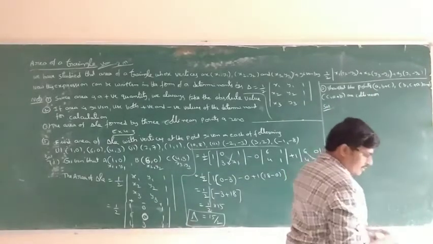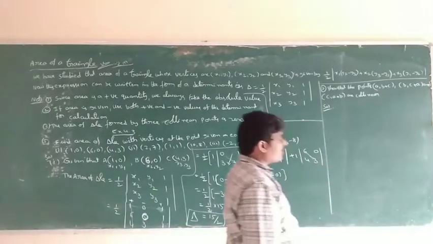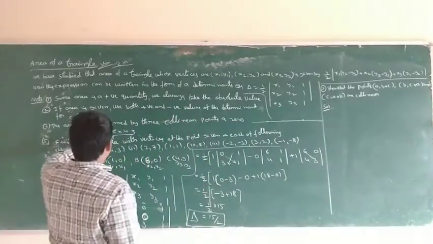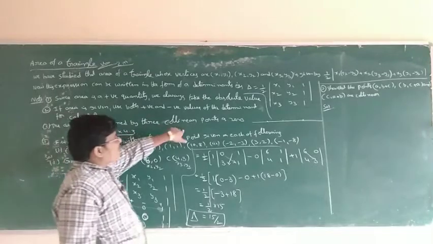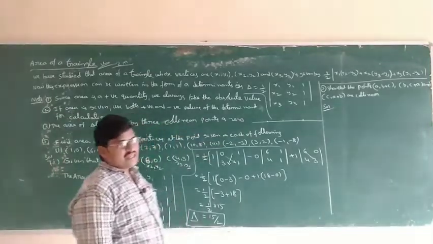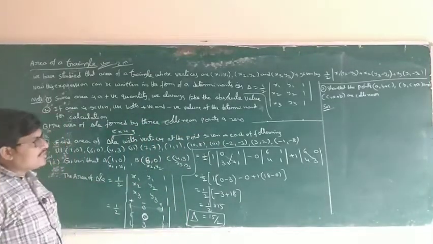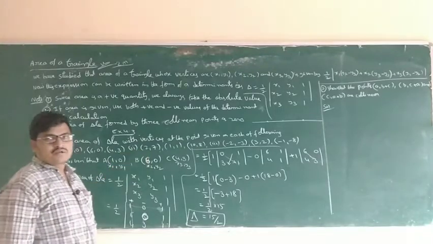How to prove collinear? Collinear means what? What is note number 3? The area of the triangle formed by 3 collinear points is 0. So area of the triangle is 0 means the 3 points are collinear.